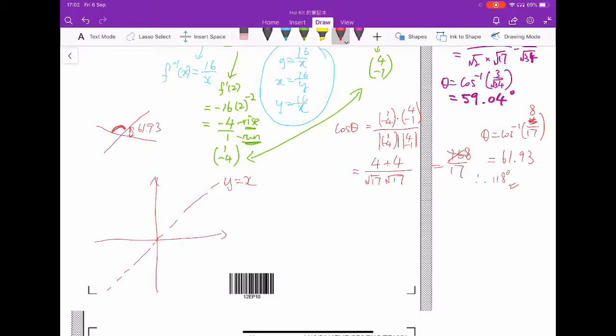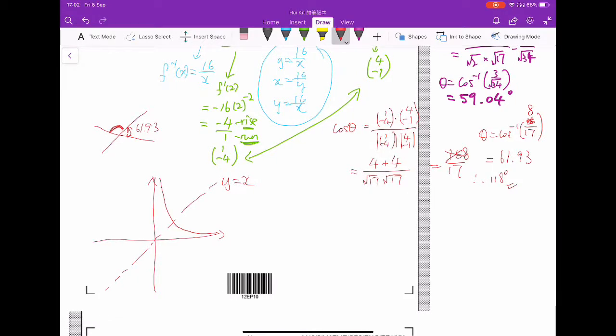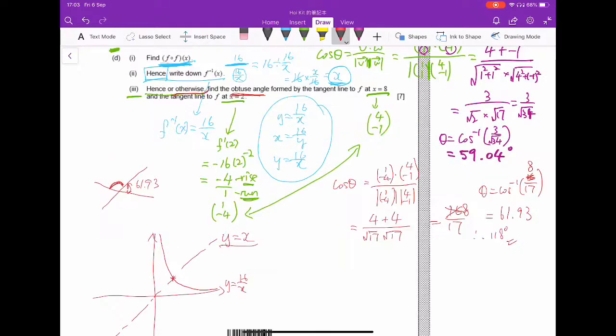As a matter of fact, the graph of 16 over x, so it's a rational function, is a hyperbola that looks like this, where the graph would be symmetric if you reflect it along y equal to x. Then the tangent line at 8, okay, let's assume 8 is like here, and then you draw a tangent line there, kind of looks like this. Okay, what about 2? What does 2 have to do with 8?